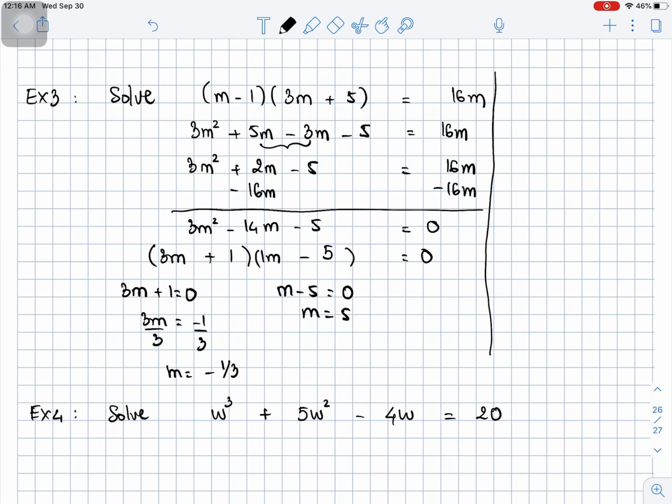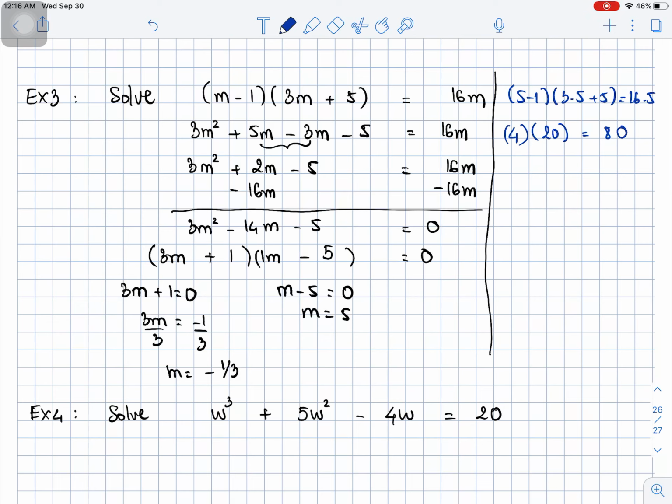You notice that when we check for this problem, it always works. So let's check the easy one. What if we have m equal to 5? Then we have 5 minus 1 times 3 times 5 plus 5 equals 16 times 5. The first parenthesis is 4.